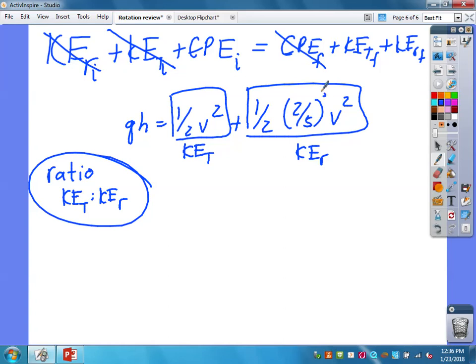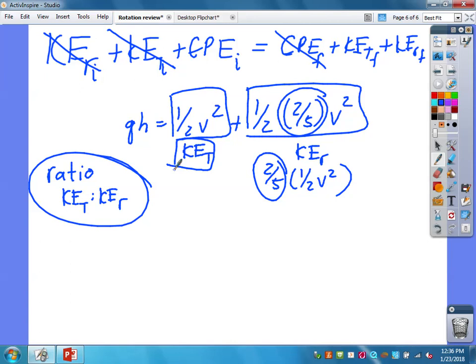Therefore, the only thing that I've added in, because let me rearrange this, is 2/5 times 1/2 v squared. So what is this telling you about the rotational kinetic energy? It is 2/5 of that point.